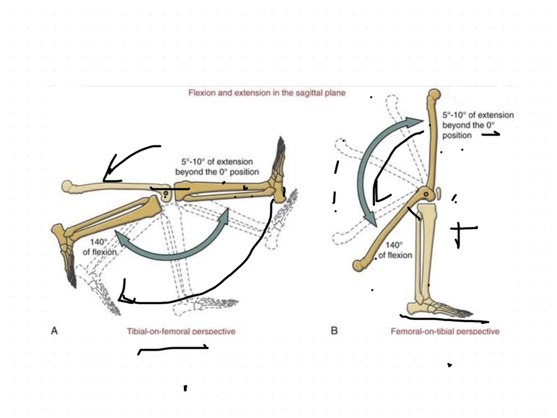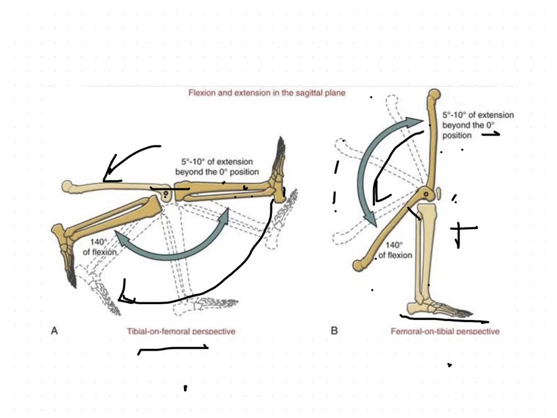The range will not change here. The range is 140 degrees only. Normally 140 degrees of flexion is the passive range of motion of the knee joint. Whatever the movement may be, the range of motion is not changing here.